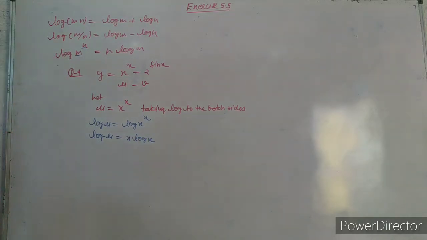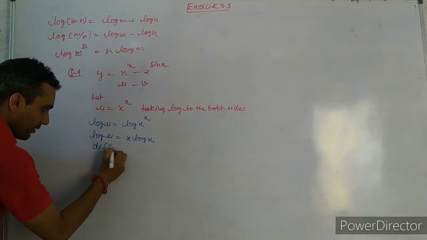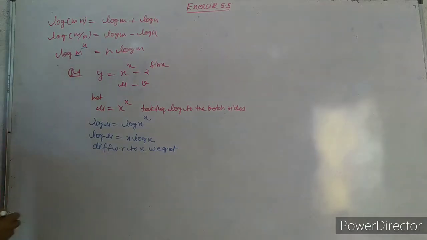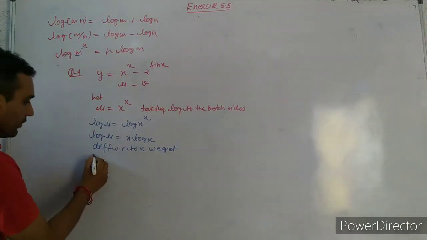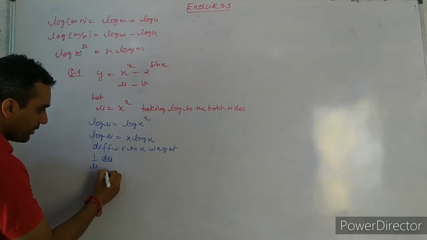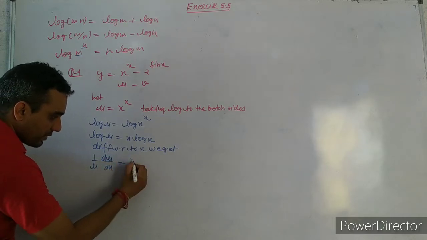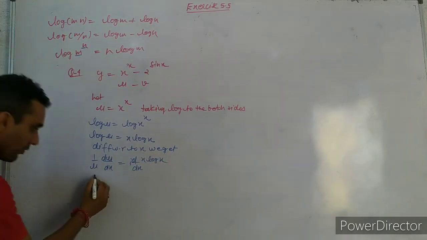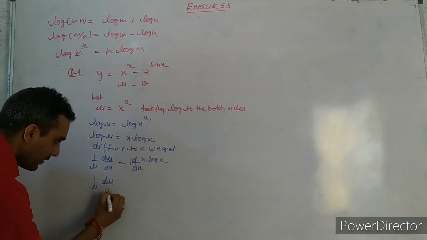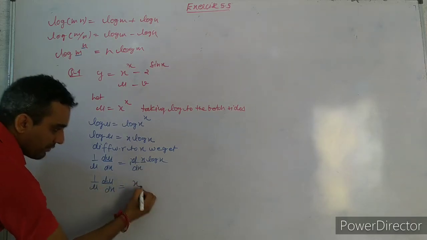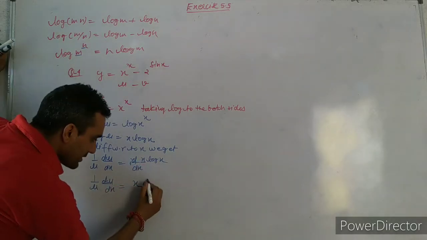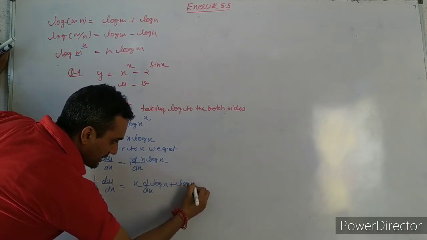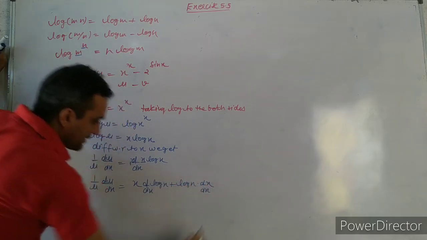Now differentiating with respect to x, what am I going to get? 1 upon u du upon dx equals d by dx of x log x. First I will leave x as it is and differentiate log x, and in the next part I will leave log x as it is and differentiate x.